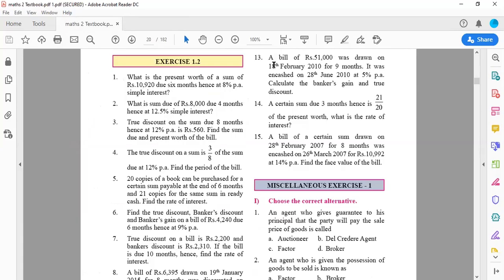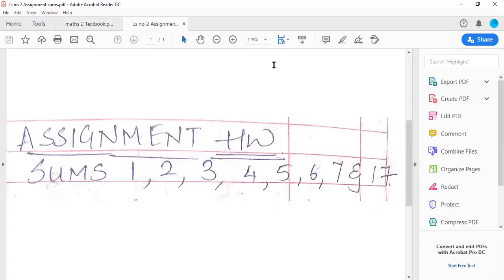Now for your assignment, I have some sums which I'll be giving you all. For your practice, you all can practice the miscellaneous exercise, because we have already finished the first exercise completely, that is exercise 1.1. And today we started with exercise 1.2. So in that also we finished 6 sums today.